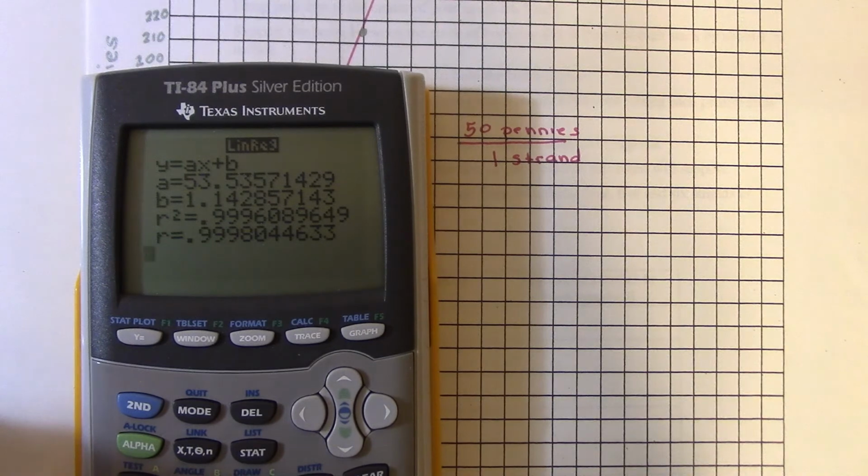When the number of strands of spaghetti is 0, then according to my line of best fit, it would hold 1 penny. So that's pretty close to 0, which is what we know should be occurring. And that's what I have for this experiment.